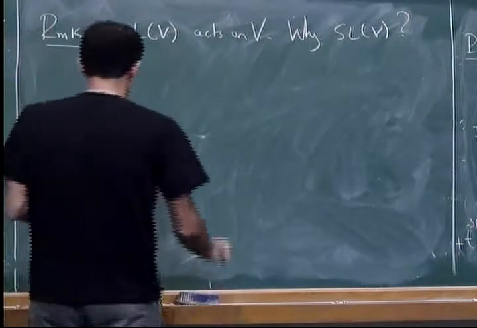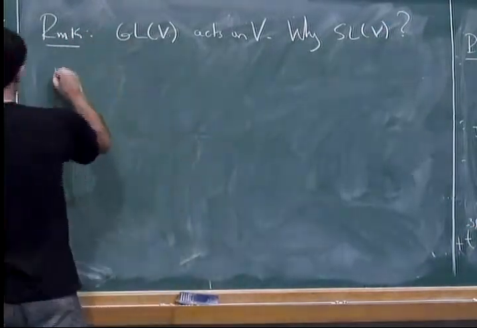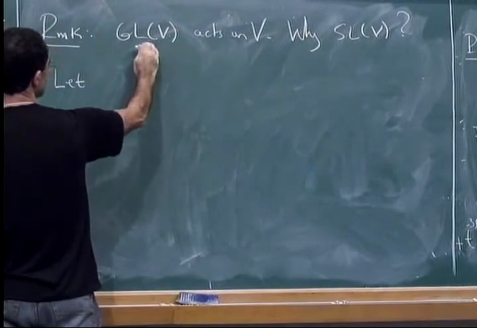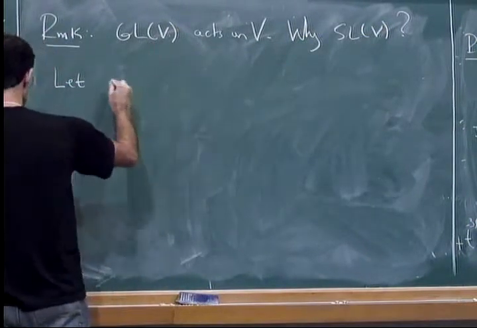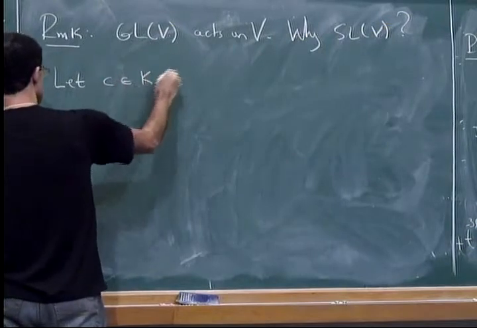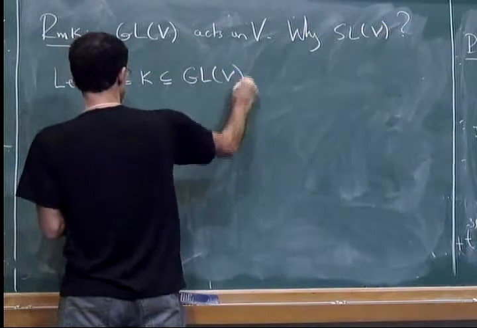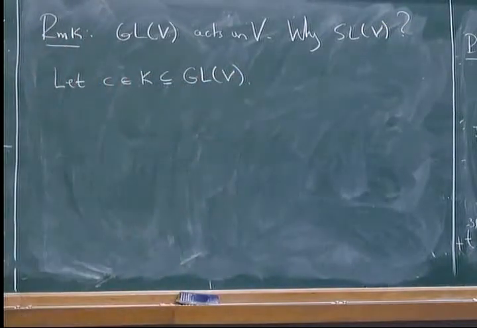And it's very simple because you see, you have the diagonal matrices inside GLV and also in SLV, but for GLV, any element of K will do. Okay, so let's consider an element of K inside GLV diagonally.